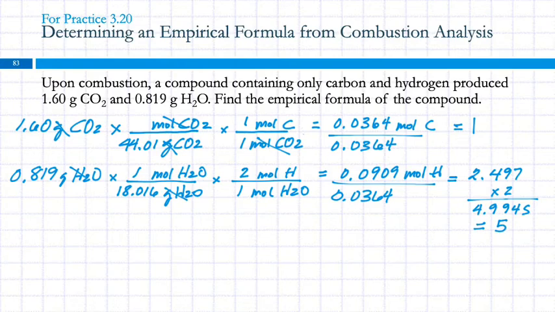And if you're not sure about when you can round and when you can't, we'll talk about that together. So this would be 2. So then my formula, carbon 2, hydrogen 5. That's the empirical formula. Any questions?